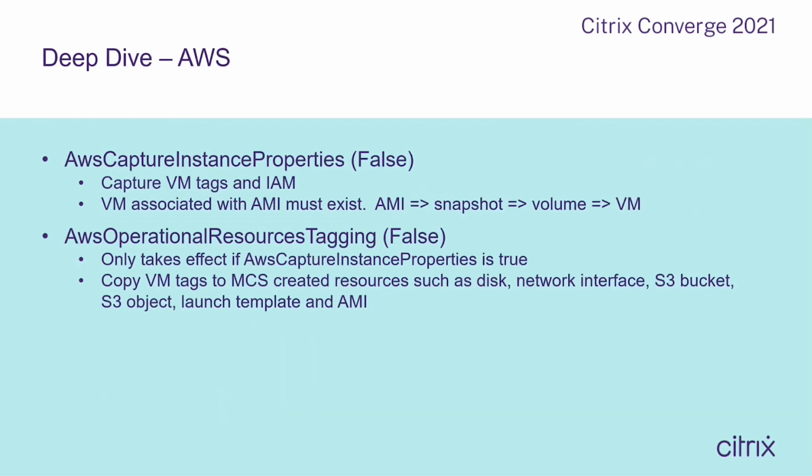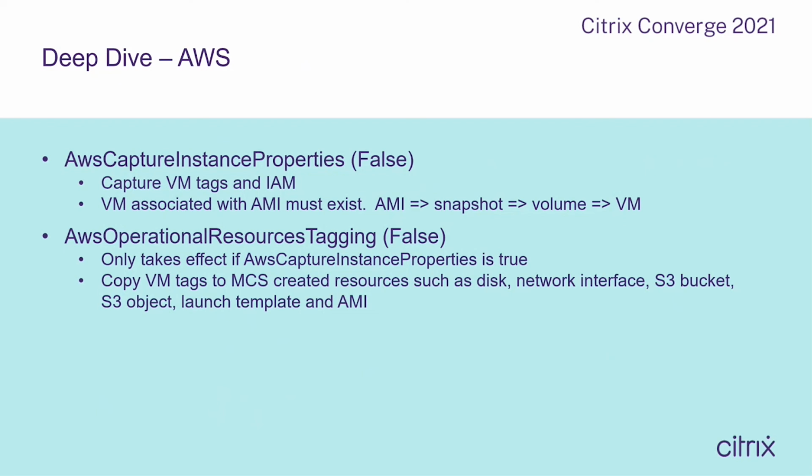Next one is on AWS, and then I'll talk about GCP. Both of them are pretty thin. Azure by far has the most custom properties. For AWS, we have two. One is the capture instance properties. By default, it's false, but if it's true, we will capture VM tags and IAM roles so that we place the VM tags and IAM role on the newly created VM in the catalog.